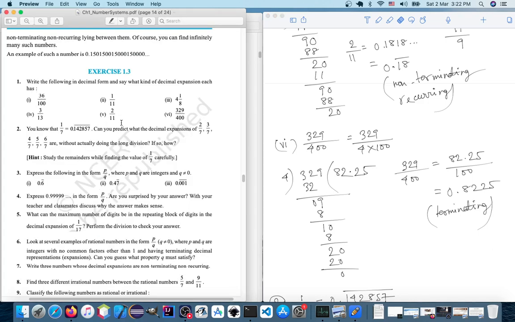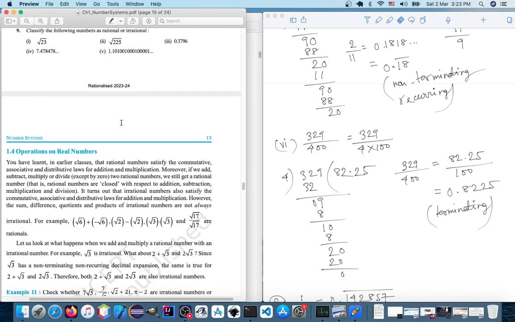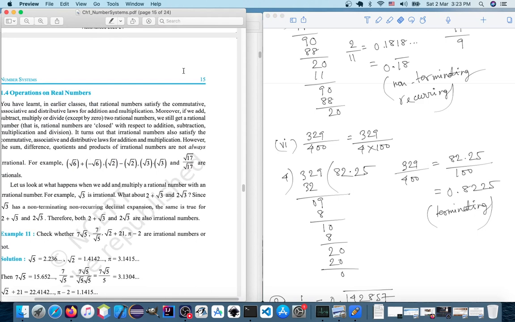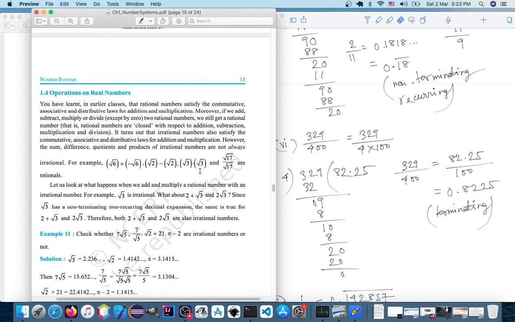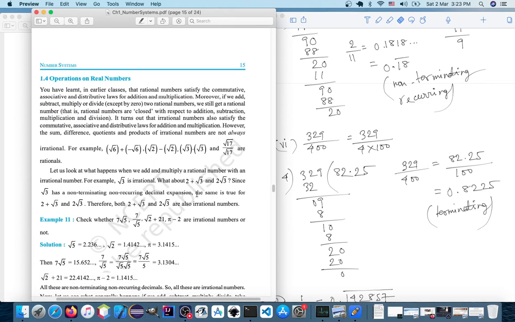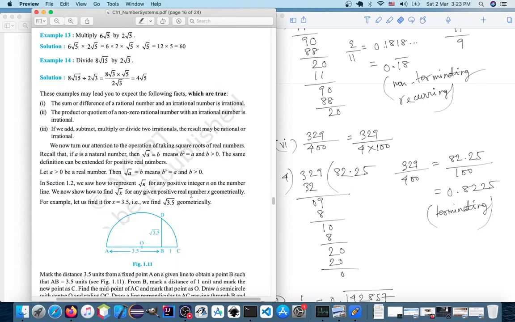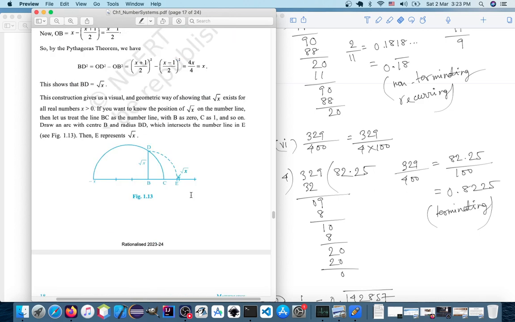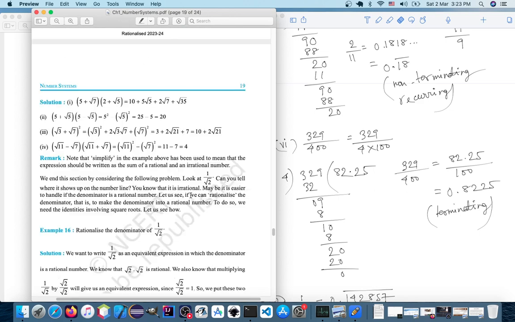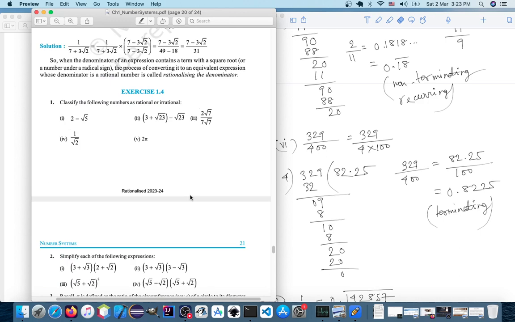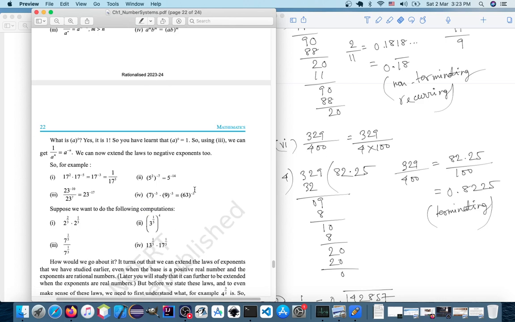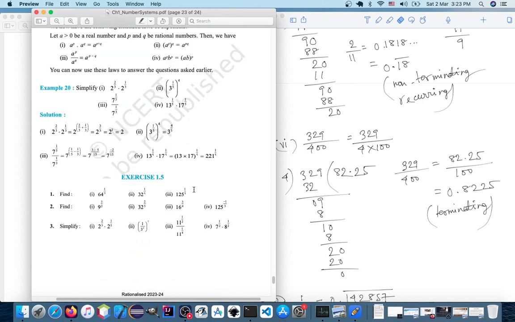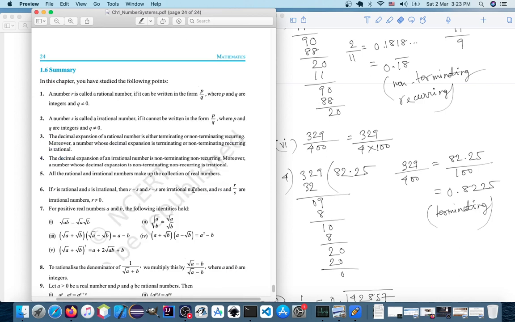What we are left with, let me quickly check. For chapter 1, we will next study the operations on real numbers, section 1.4, Exercise 1.4. Laws of exponents for real numbers, Exercise 1.5 and summary.